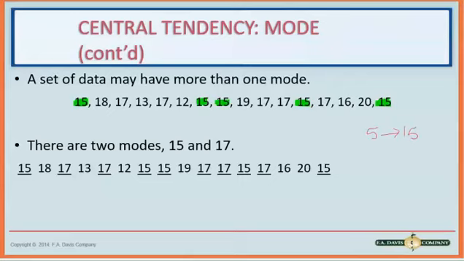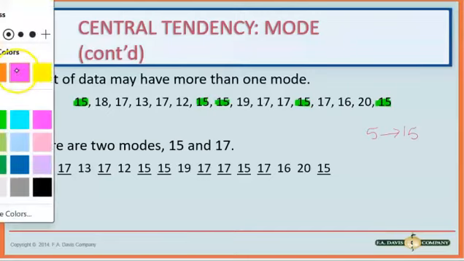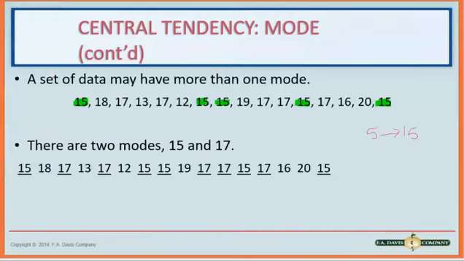Now let's see if anything else is repeating. Looks like we also have 17 that's repeating, so let's highlight that in purple. There's a 17, 17, 17, 17, 17. So it looks like we have 5 17s as well.